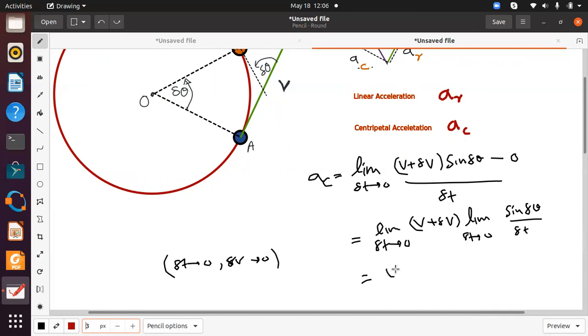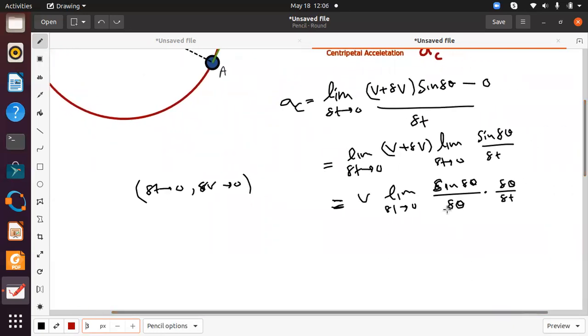Therefore, this part will be v. And what about this part? To evaluate this limit, I'm going to make a small change here: sine delta theta, I'm going to divide by delta theta and multiply by delta theta. Then I divide this by delta t.